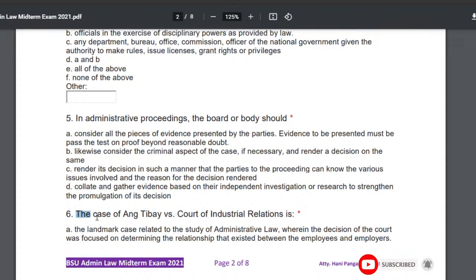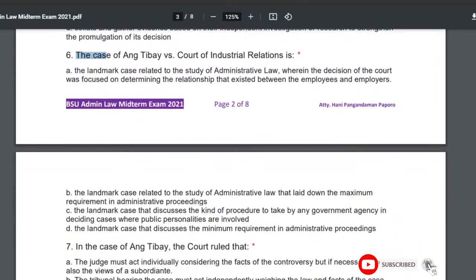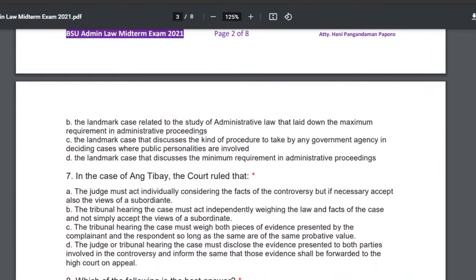Number 6. In the case of Ang Tibay versus Court of Industrial Relations. So, the case of Ang Tibay versus CIR is A, the landmark case related to the study of admin law, wherein the decision of the court was focused on determining the relationship that existed between the employees and employers. Is that the correct answer? Letter B, the landmark case related to the study of admin law that laid down the maximum requirement in admin proceedings.